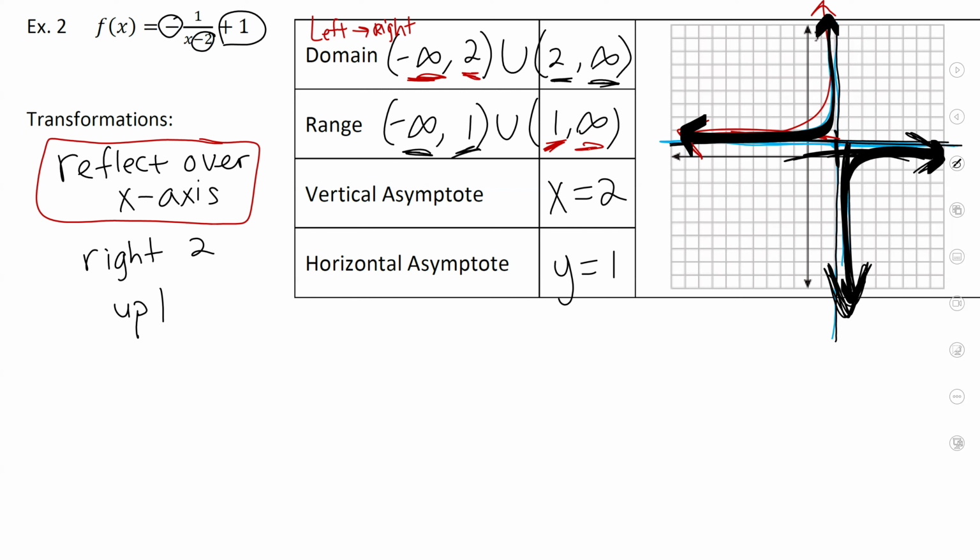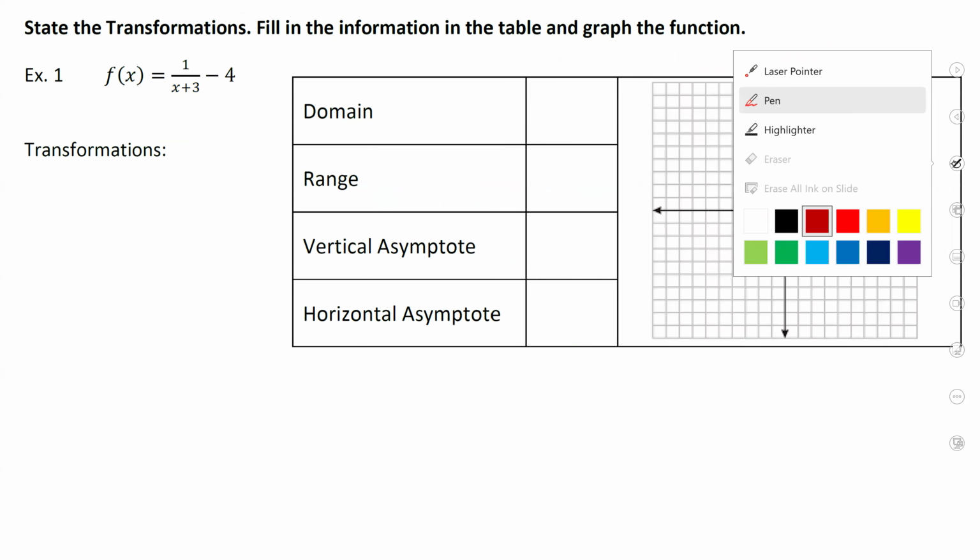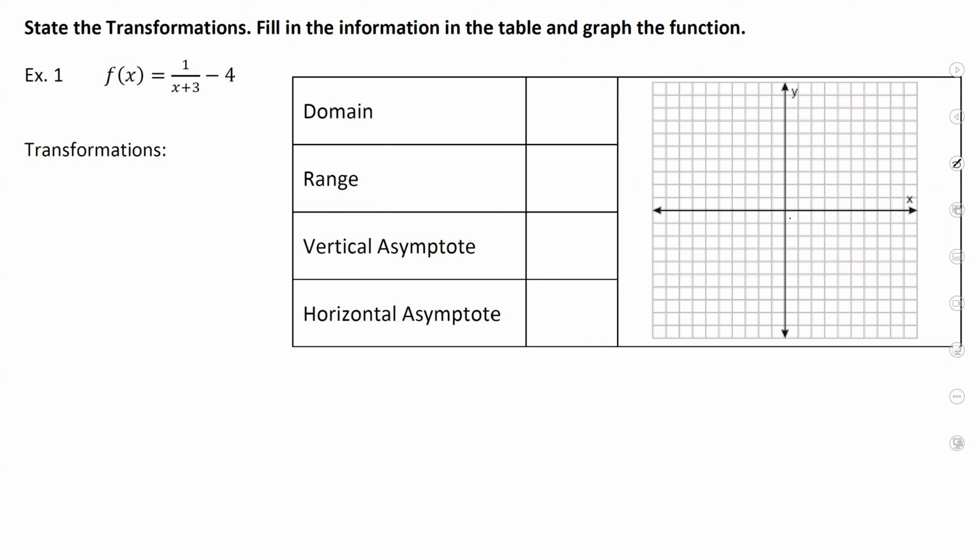I just want to show you one that I feel like you might get confused on. Go ahead and flip over to the practice. You guys have one that looks like this. I believe number 3.